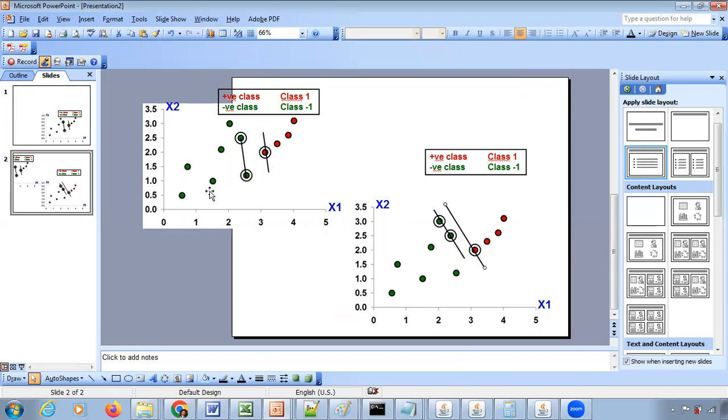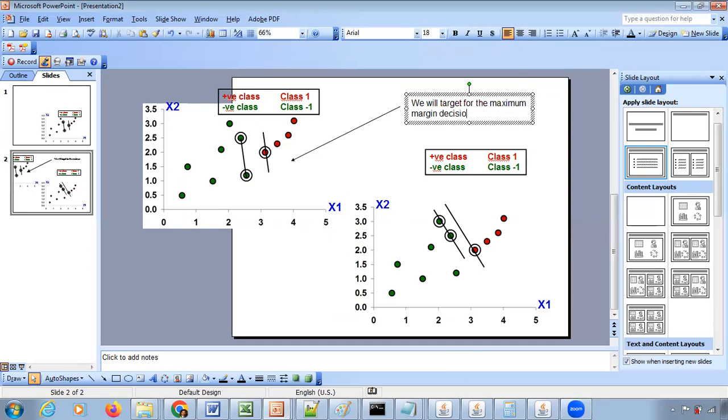This is a wide margin decision boundary. So we should go for this decision boundary over here. So we'll target the maximum margin decision boundary.